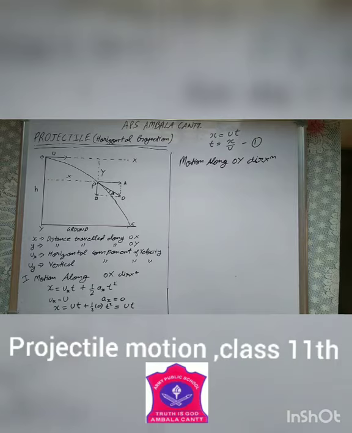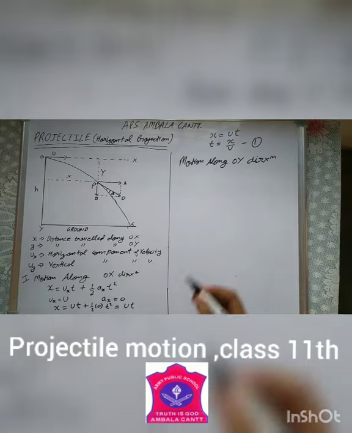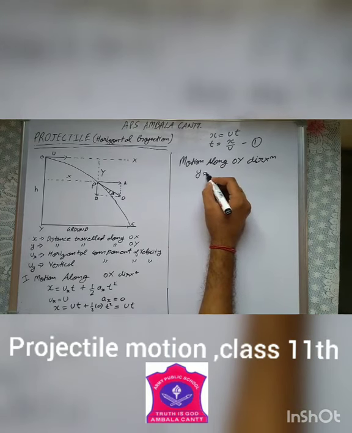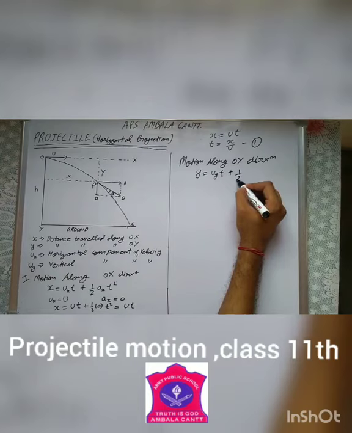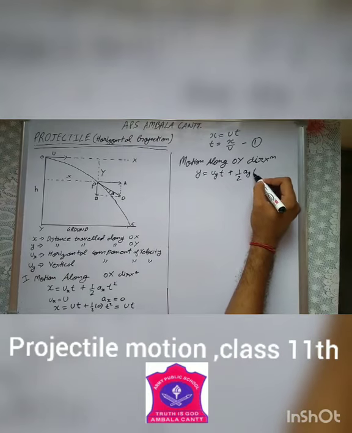Now we have to find the mathematical relation for the path of the object along the y direction. For this also we can use the equation of motion, which is given by y equals uy t plus half ay t square.